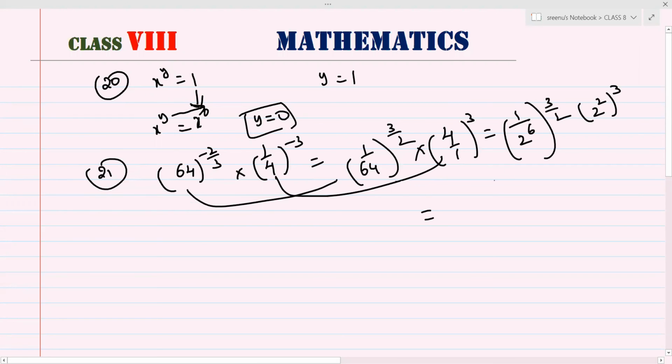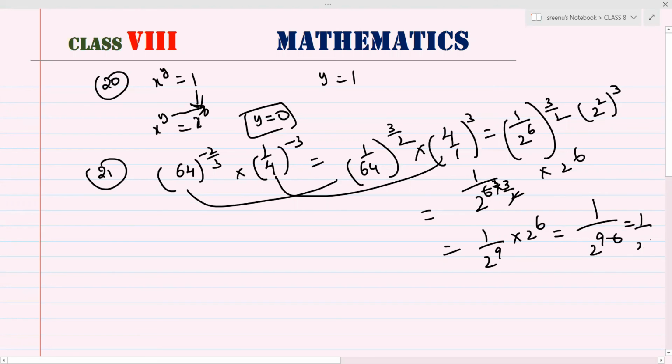Now any cancellation, let us check. 1 by 2 power 6 into 3 by 2 into 2 power 6. Here this 3 times, you will get 1 by 2 power 9 into 2 power 6. Just subtract in the denominator. 9 minus 6 is how much? 3. 1 by 8 is the answer. Answer is 1 by 8.